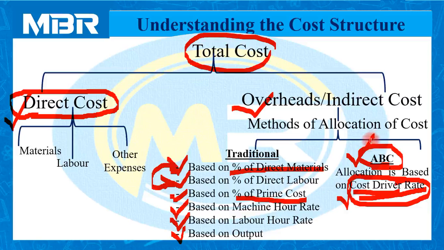The chapter itself is very easy. You can even say that activity based costing is nothing more than an extension of overheads or indirect cost. Earlier, we followed the traditional method of distribution to calculate our total cost. Now, we have to use the modern method of distribution, and this modern method is activity based costing.